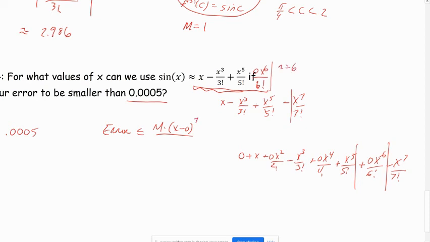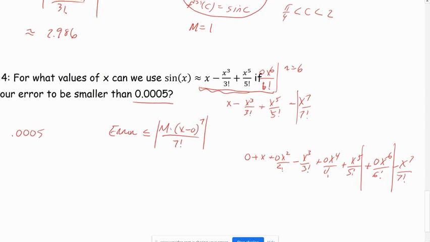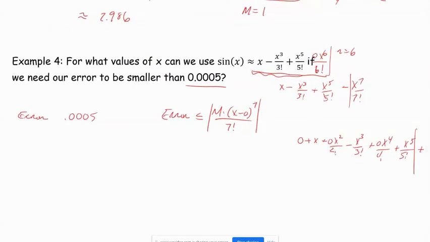And so this is now going to be x to the 7th power over 7 factorial. And since this is a sine function, we're going to say M equals 1. So now we have 1 times x to the 7th over 7 factorial, and we want the absolute value of that to be less than 0.0005.